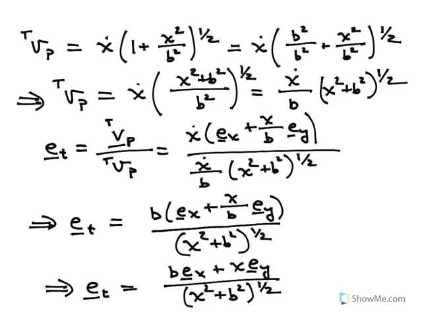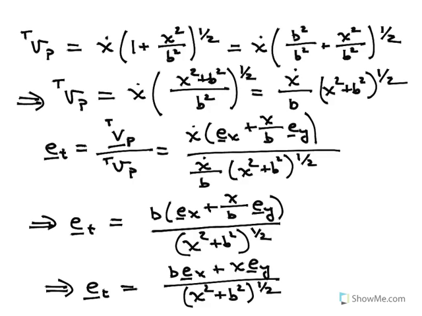Now, the next thing we need to do is start computing the rate of change of this tangent vector, because we're going to need to compute the acceleration, and that requires the rate of change of the tangent vector. Actually, before we do that, we can do one other thing.